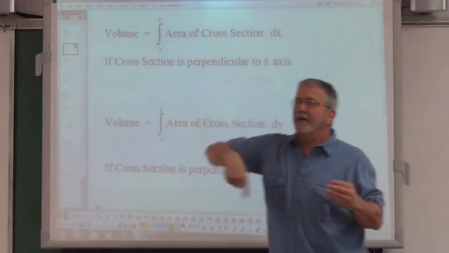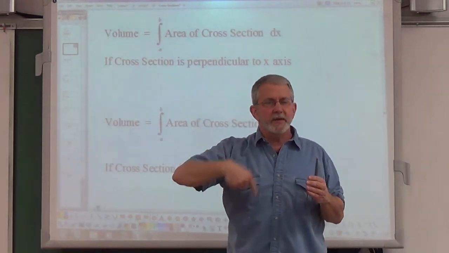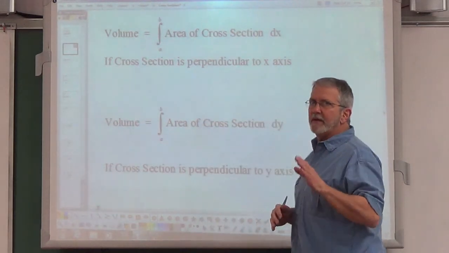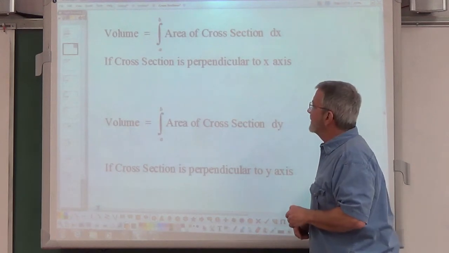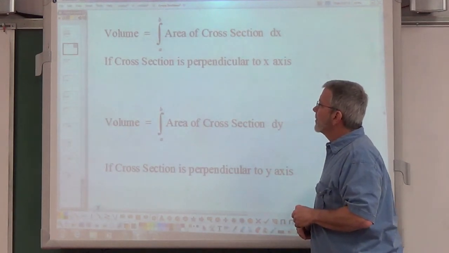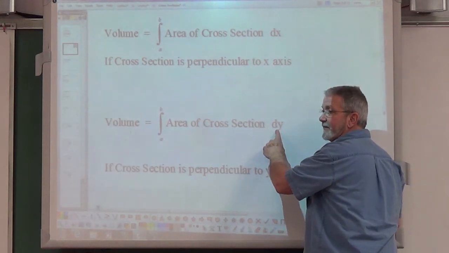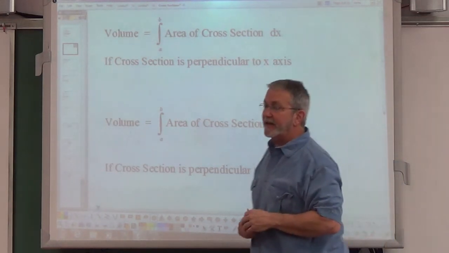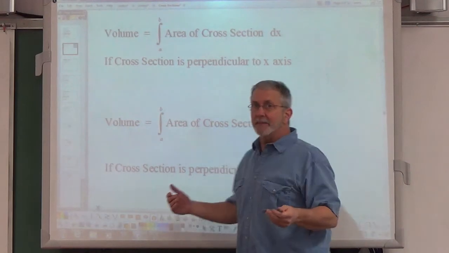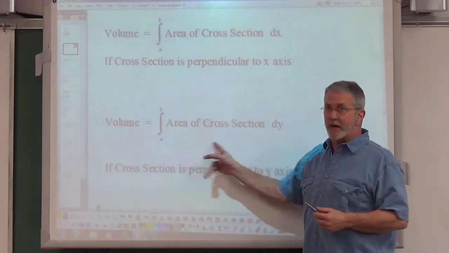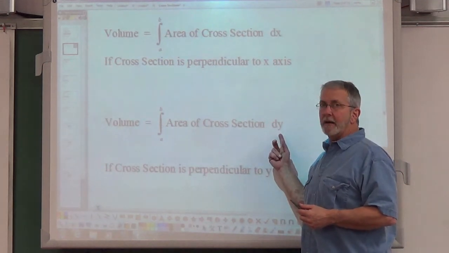But if you're revolving something, a cross-section is either going to be a circle or an annulus. This is something we discovered previously. If the cross-section is perpendicular to the y-axis, then I'm simply going to have an integrand in terms of y, and I'm going to integrate with respect to y.